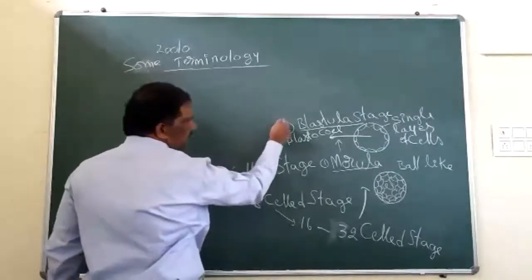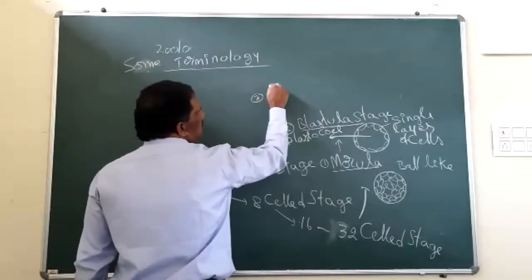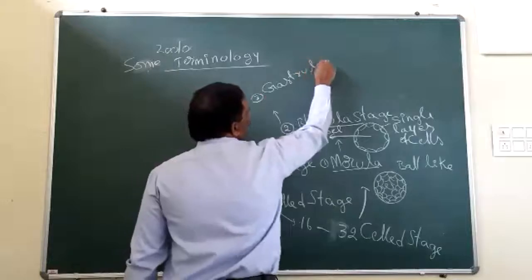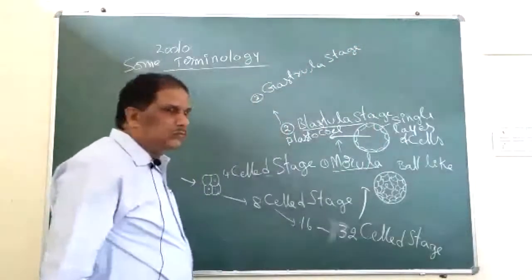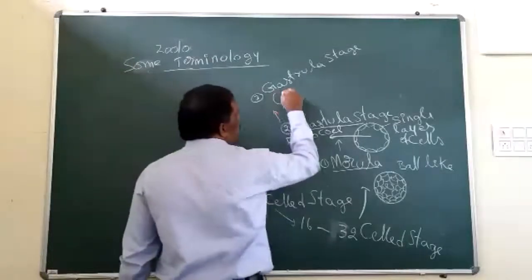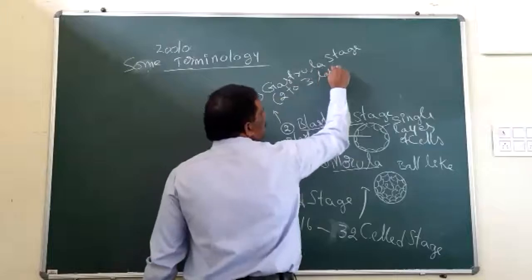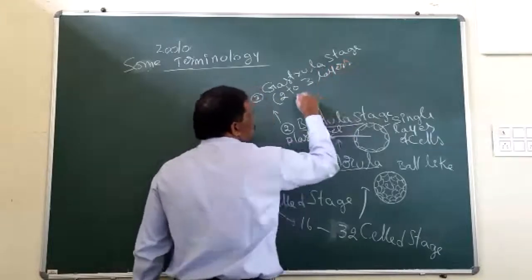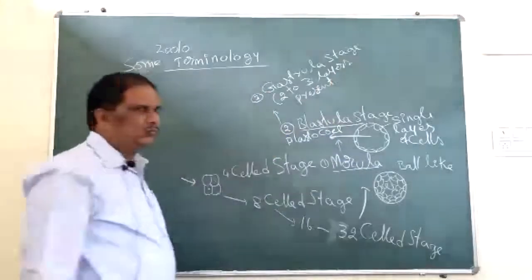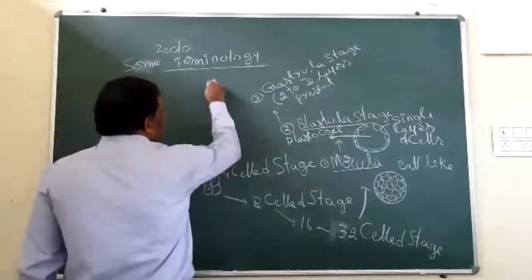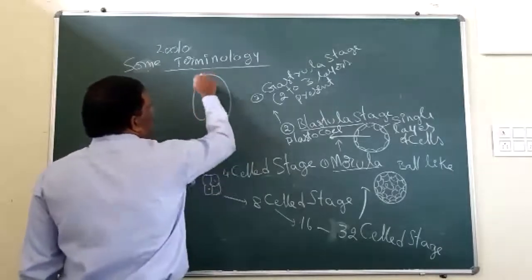After this, the third stage is the gastrula stage. In the gastrula stage, 2 to 3 layers are present. This is the gastrula stage.